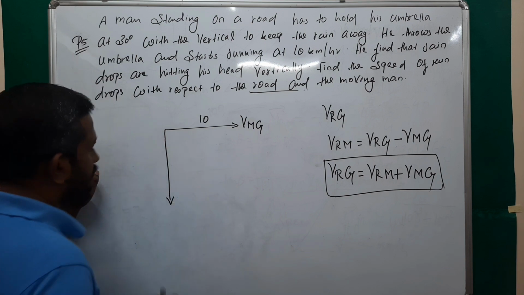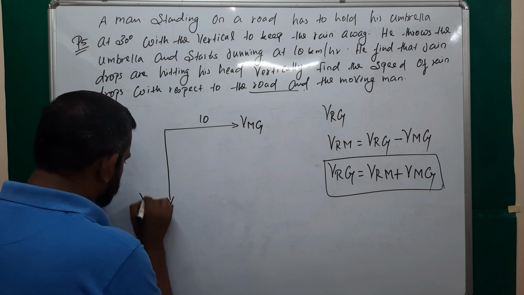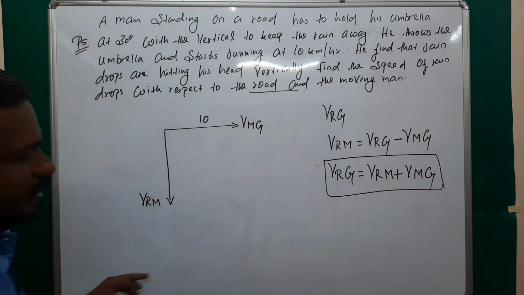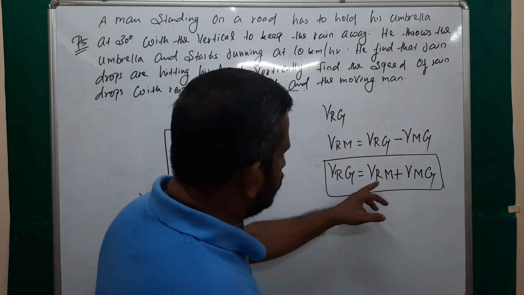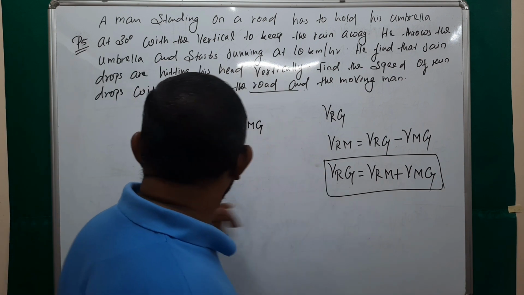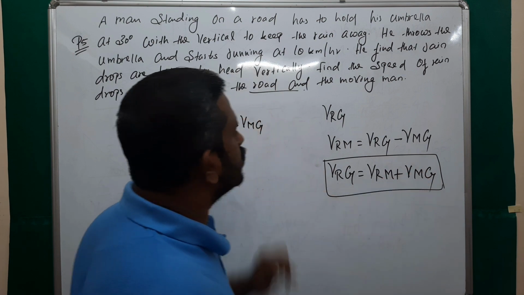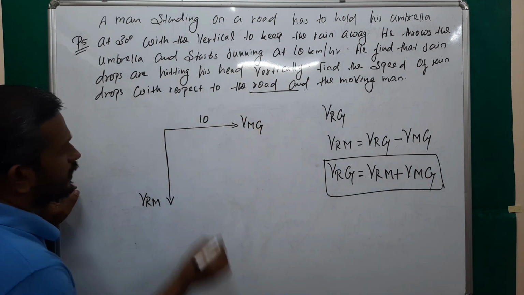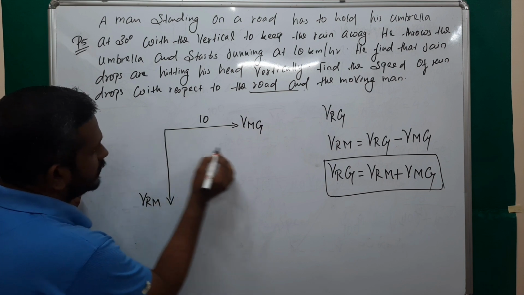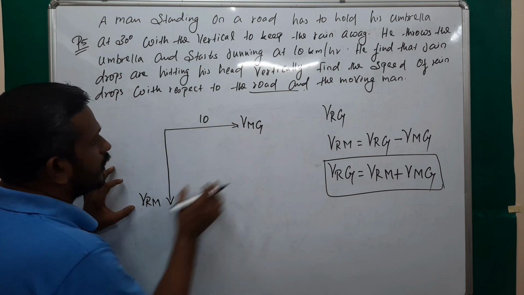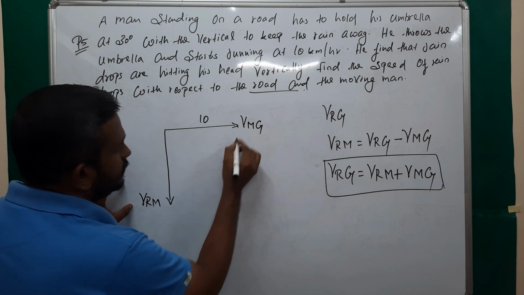So this is the velocity of the rain with respect to the moving man. Velocity of the rain with respect to man plus velocity of the man with respect to ground is equal to velocity of the rain with respect to the ground. The resultant must be like this: Vrm plus Vmg is equal to Vrg.